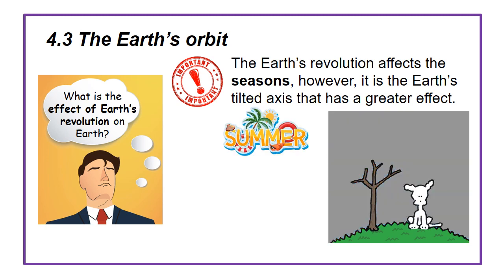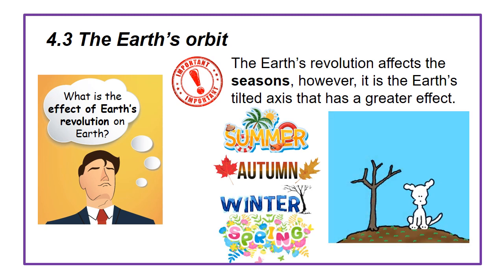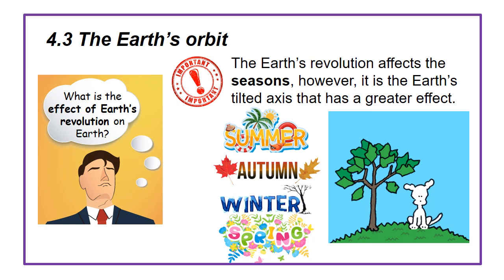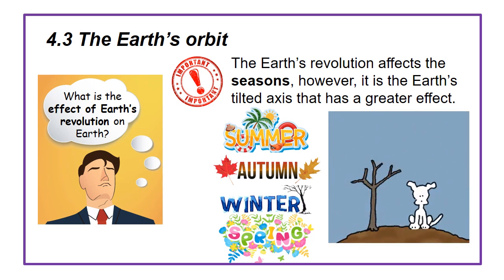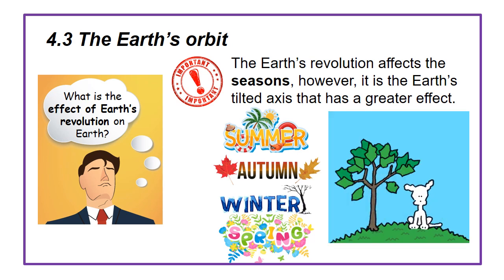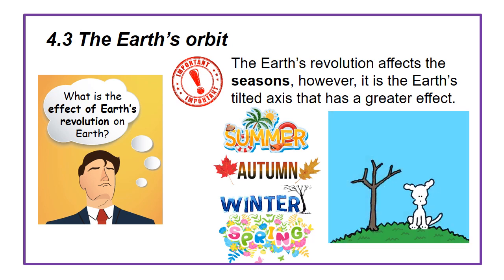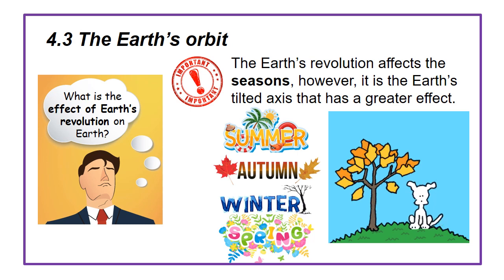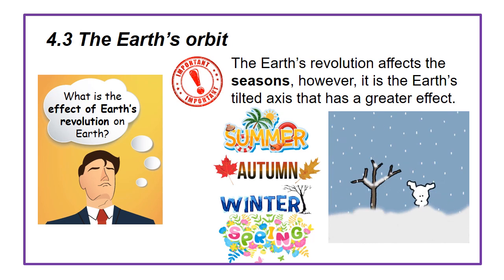We have summer, autumn, winter, and spring. Now, each season varies in their average temperature. Summer has the highest, then temperature goes down during autumn or fall, to the lowest during winter, then the temperature goes up in the spring and up again to summer.